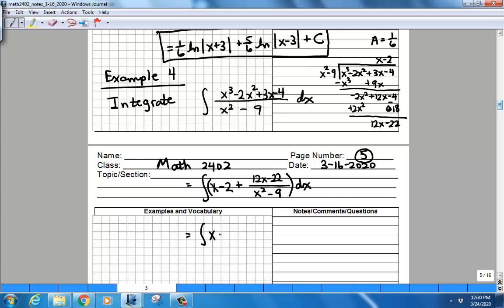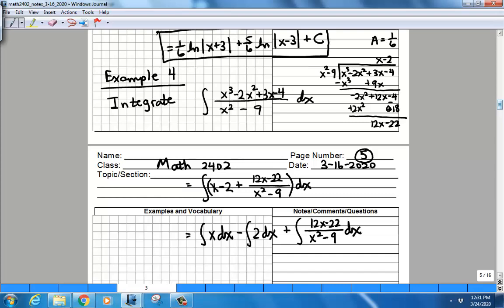One of them is just the antiderivative of x, which is trivial to integrate, right? And then minus the antiderivative of 2, which is also trivial to integrate, right? And then plus the antiderivative of 12x minus 22 over x squared minus 9.